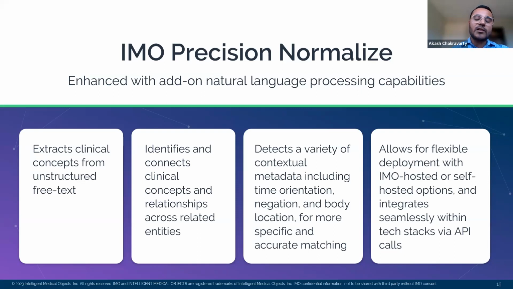In addition to all these product capabilities, we are also providing flexible deployment options. One is an IMO hosted option, where IMO manages the infrastructure of the product in our environment. The other is a self-hosted option that allows customers to use our product in their environment.